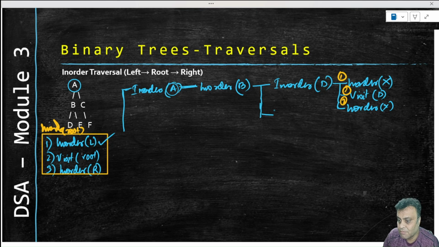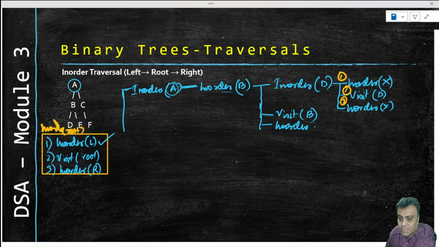So we will start from here. So this will visit the root. In this case, our root is B, right? So because we started from here in order B, our root is B. So we will visit B. And once we visit B, we can actually go to the next statement, which is in order of the right.